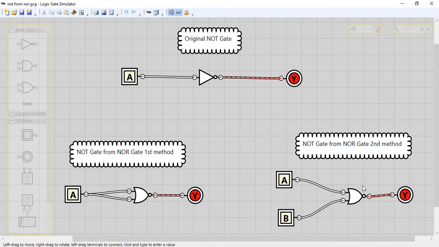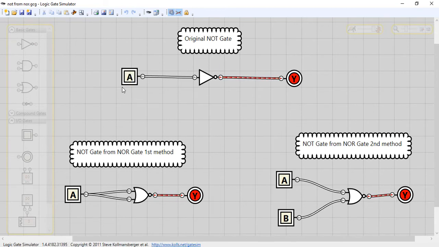And this is my second method, in which I am going to keep the value of B always low, that means 0. A and B are the inputs for this NOR gate here, and Y represents my output. Now let's verify for both values of A, that is 0 and 1, whether the output of the first method and second method is exactly the same as that of our original NOT gate or not.